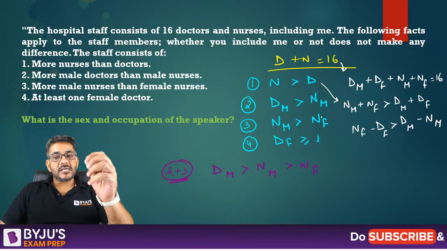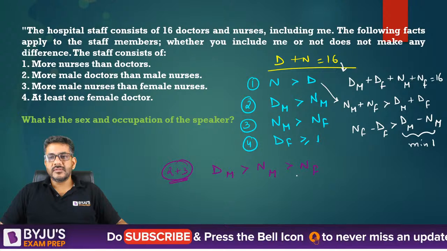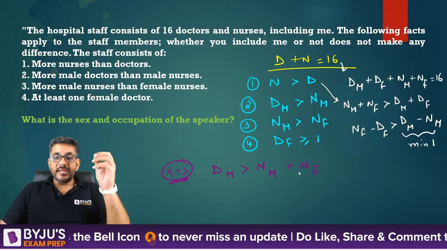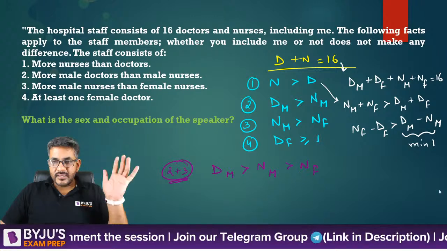So can I say this number is minimum 1, right? Because DM is greater than NM. So DM minus NM is equal to minimum 1. I hope all of you are getting my point. Is it clear, everyone? Can I have some messages in the chat box as well? I don't see any messages. Is it all clear to all of you?